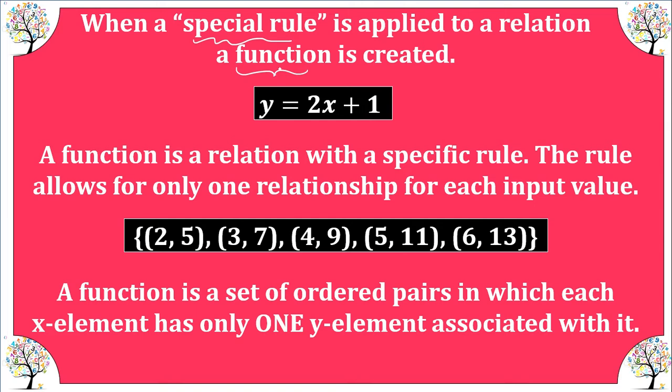It is a type of relation and it has a special rule, such as this equation here, y equals 2x plus 1. So when we have a function and we have that specific rule, it allows for only one relationship between each input value.